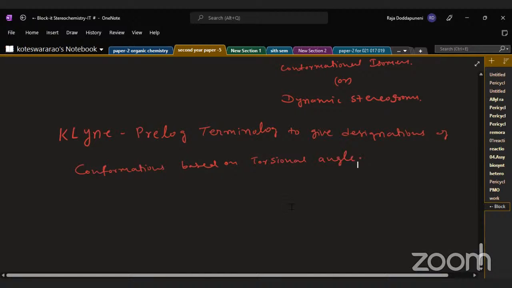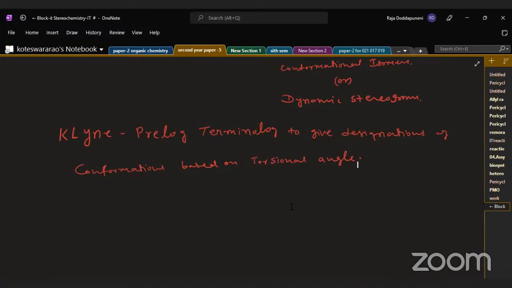Now, for specifying the torsional angle, two reference groups, one on each carbon atom, are required. Those groups are the considered groups.